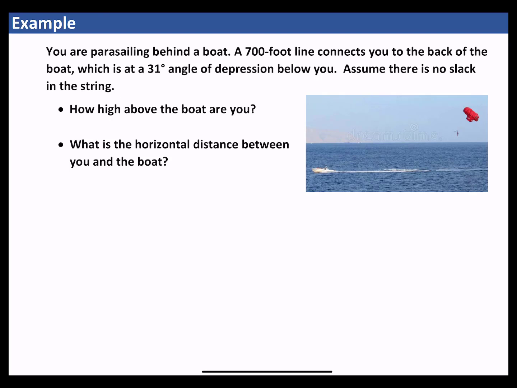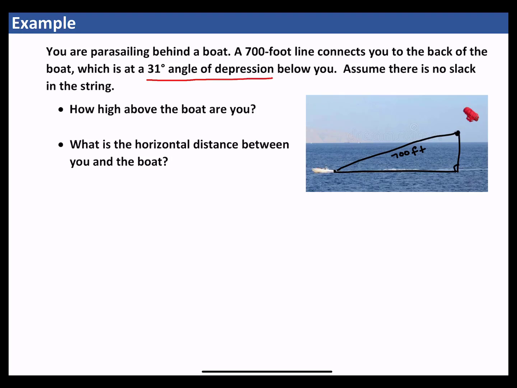Okay, so if we have our person here connected to the boat, we can draw this right triangle. And we know that this is a 700-foot line connecting you to the back of the boat, and we're told that the angle of depression is 31 degrees.